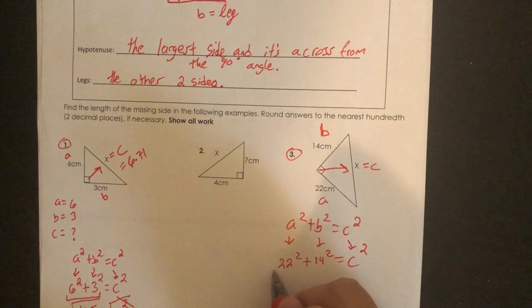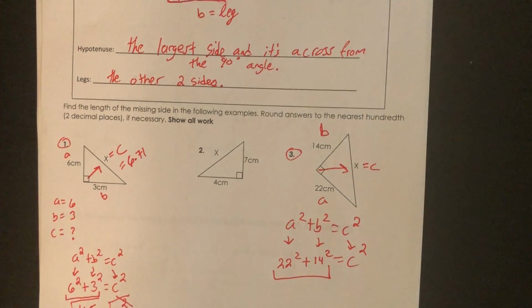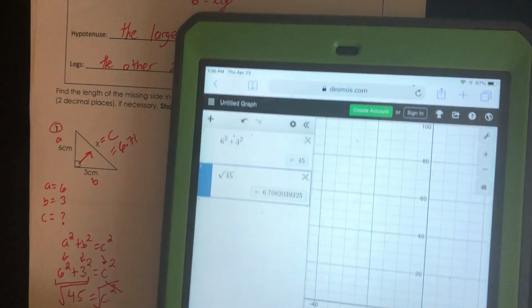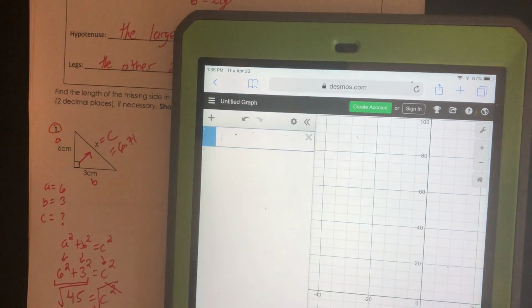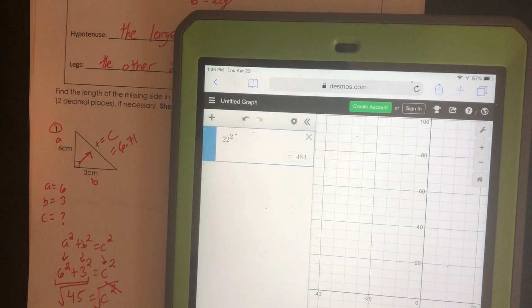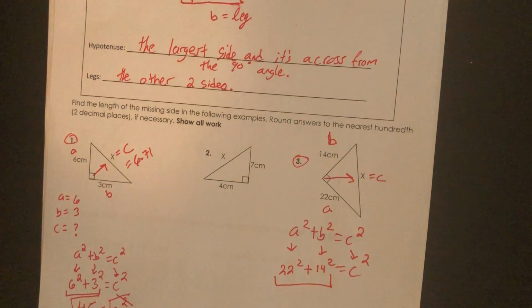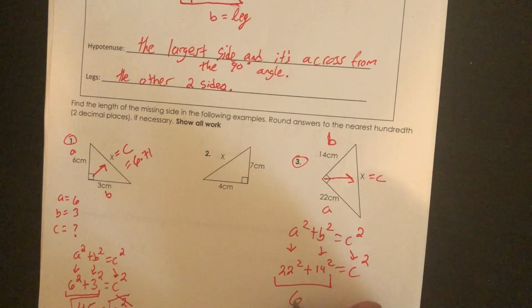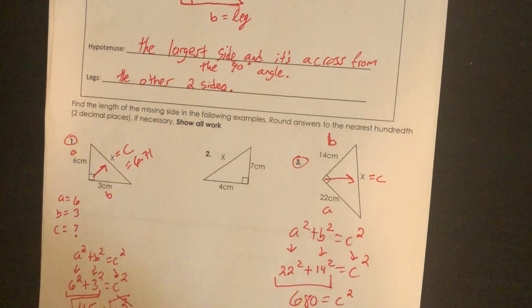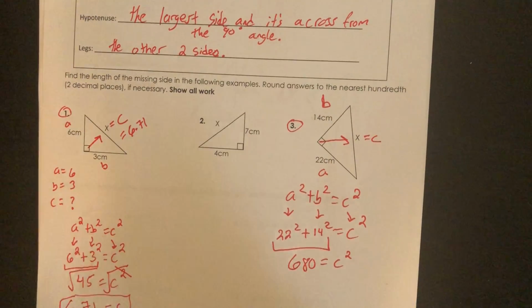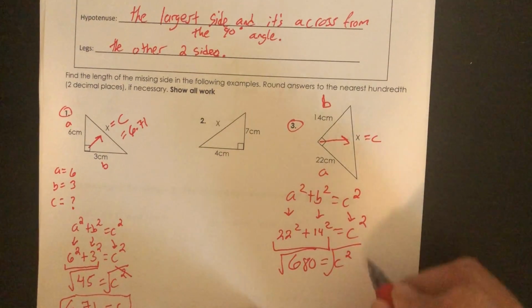Okay. Let's go ahead and add those values. So we have 22 squared plus 14 squared, and I got 680 equals C squared. Then the opposite of a square is square root.